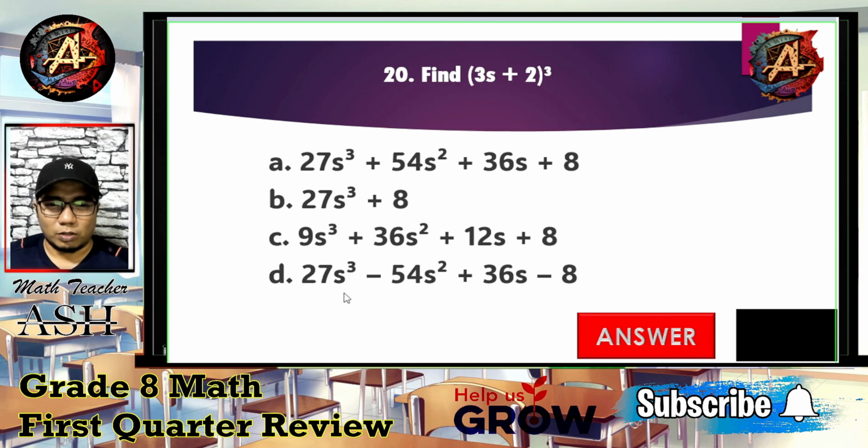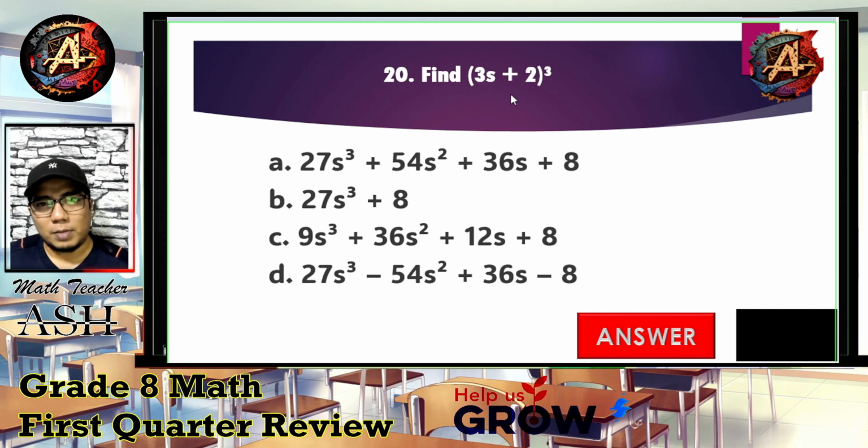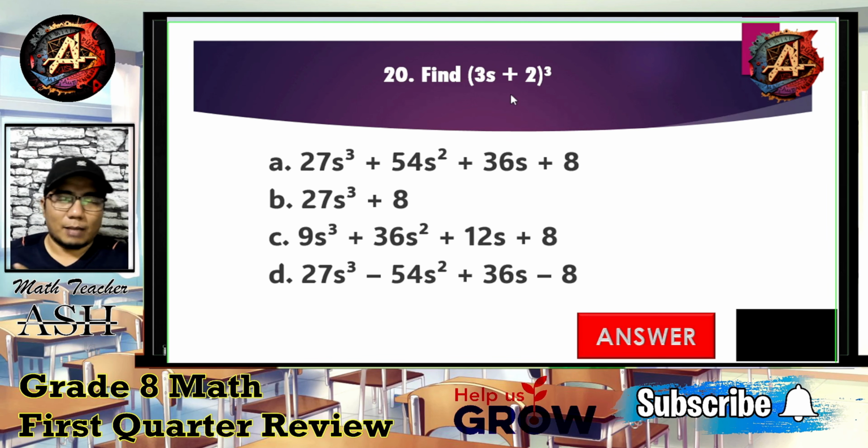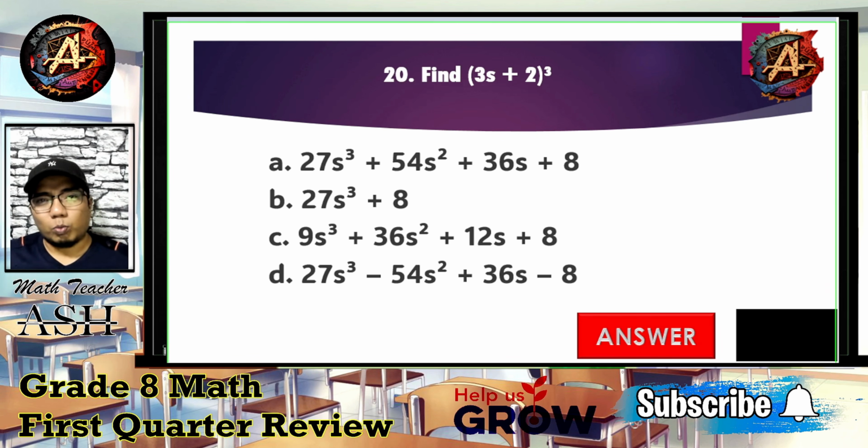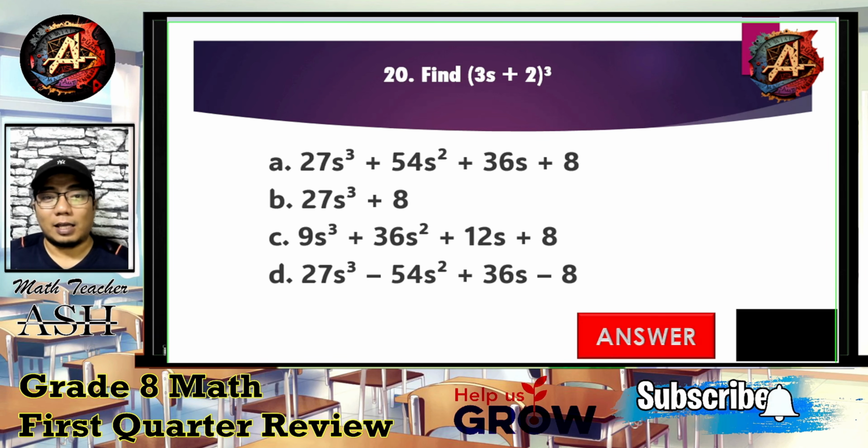So letter D is already wrong. Since this is a binomial and you multiply it 3 times to itself, if you observed earlier, when we square a binomial, the result became a trinomial. So if we are multiplying another binomial to that trinomial, it will add another term, and that will make it 4 terms, making it a multinomial. So therefore, letter B here is already wrong.